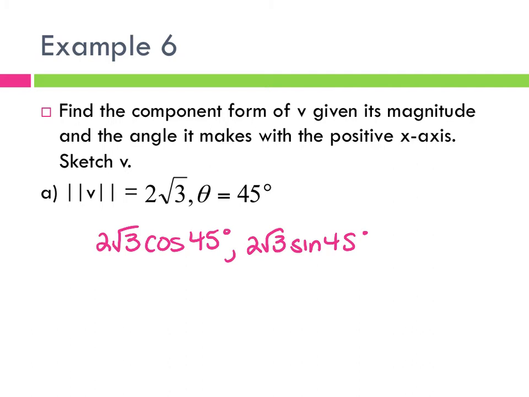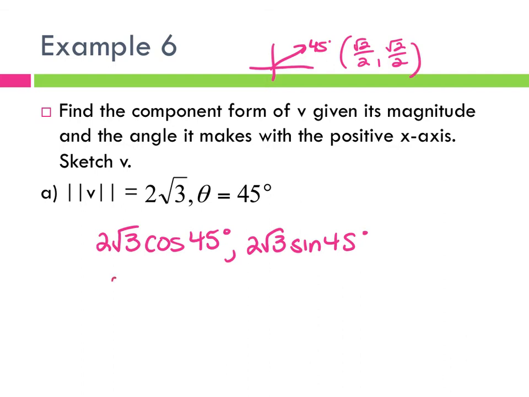Now this one, you can keep exact because that's a unit circle angle, right? What's the cosine and the sine at 45 degrees? Root 2 over 2 and root 2 over 2.